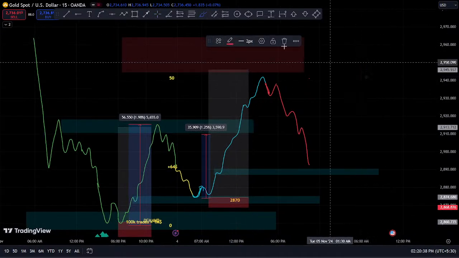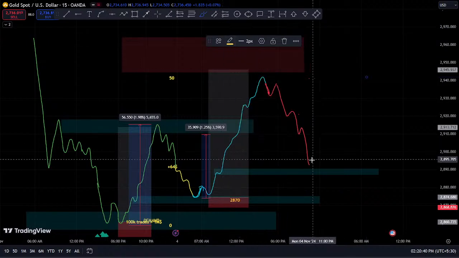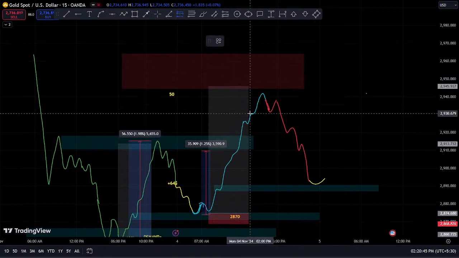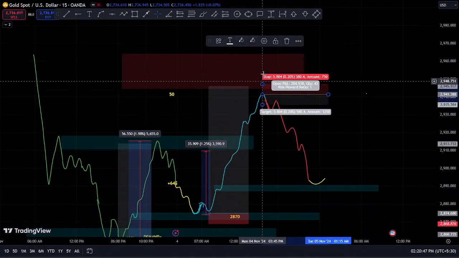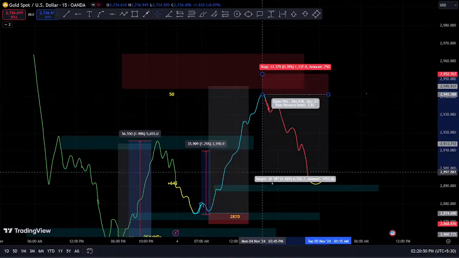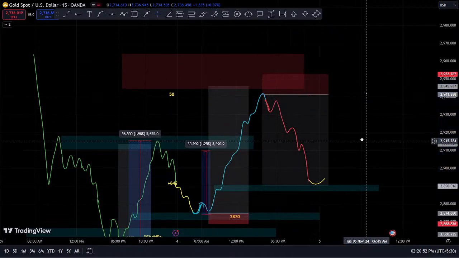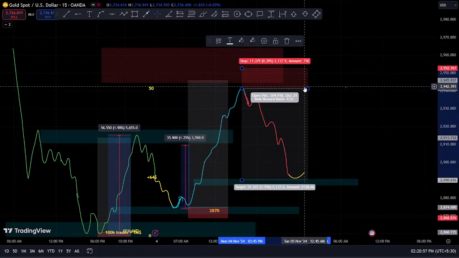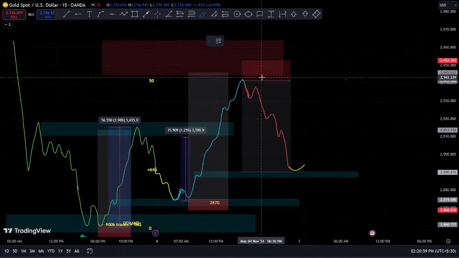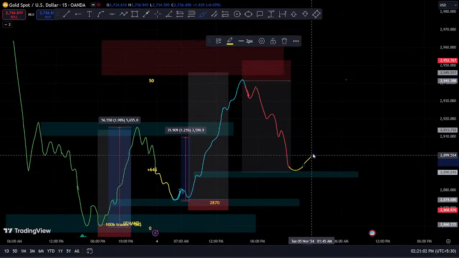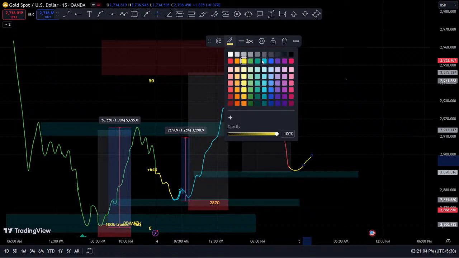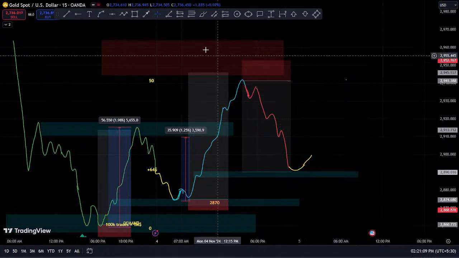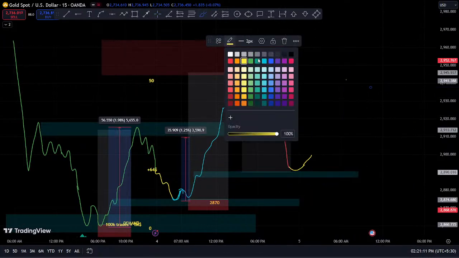And eventually the pullback will be over, and all the sellers who have executed their sell orders. The way the buy orders work, the same goes vice versa for sell orders. The people who have sold at this particular point and this particular point start to exit their trades, eventually pushing the price higher, and a new number of buyers will enter the market.